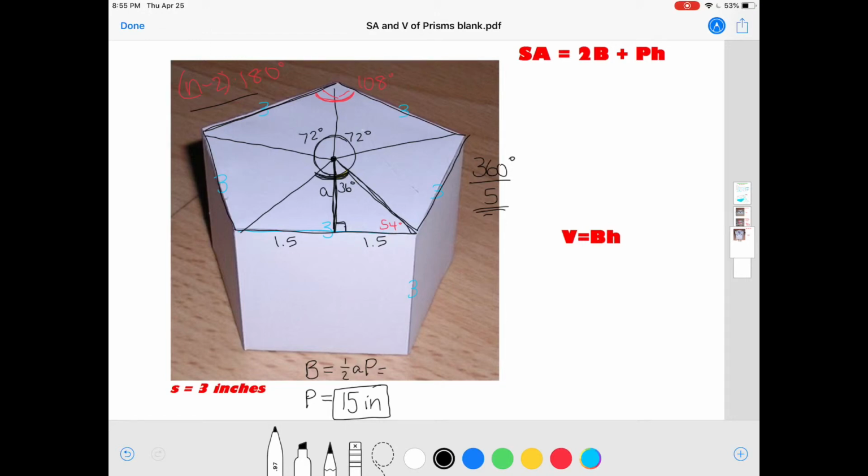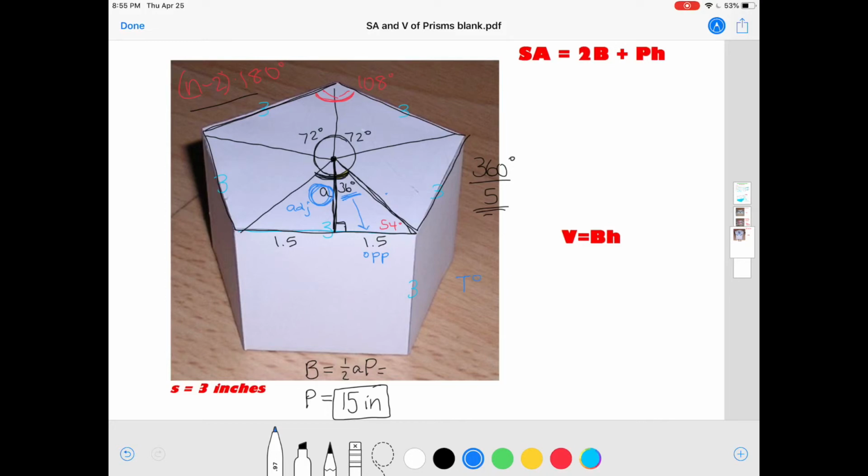All right. We still haven't found the apothem. I know, this is going on forever. Let's find out how long this apothem is. So if I'm looking at the 36 degree angle, did you notice that I know how big the opposite side is? And I have no idea about this hypotenuse, but I do know that the adjacent side is the apothem. Do you remember SOH CAH TOA relates opposite and adjacent.